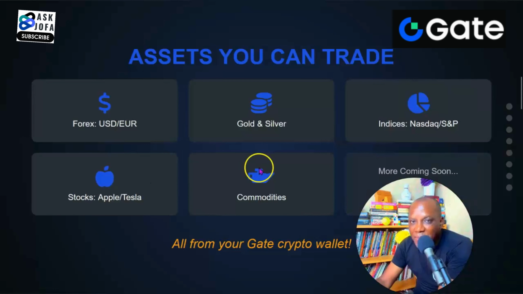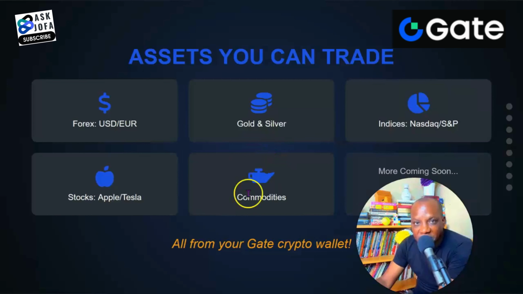And you know what? Many people don't know that you can also trade commodities like oil and natural gas, and you'll be able to diversify into energy markets using your phone in your house just by downloading the Gate Exchange app with your USDT. Please note that I'm not talking deep leverage here.